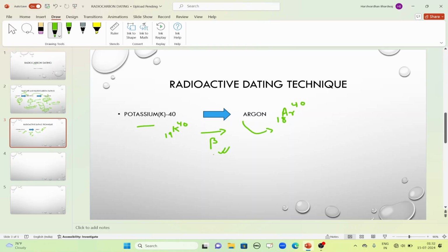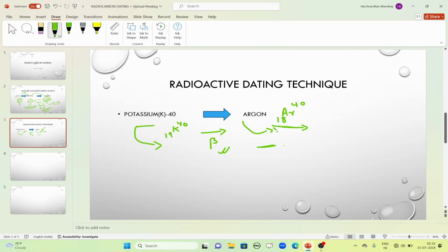After the rock solidifies, the amount of trapped argon gradually increases as the potassium in the rock decays. So by knowing the amount of argon, we can know how old the rock is. The greater the proportion of argon, the older the rock. This is another use of radioactive dating techniques.